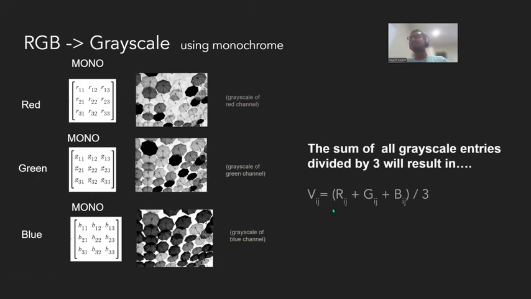To find the grayscale entry of 1, you would do R11 plus G11 plus B11, and you would divide by 3. In other words, you're adding them up and averaging them. And that's what's shown over here. Don't forget to scale over here. That's what's holding it all together.